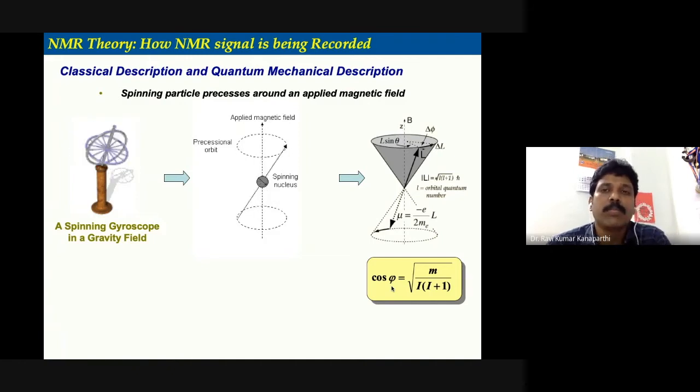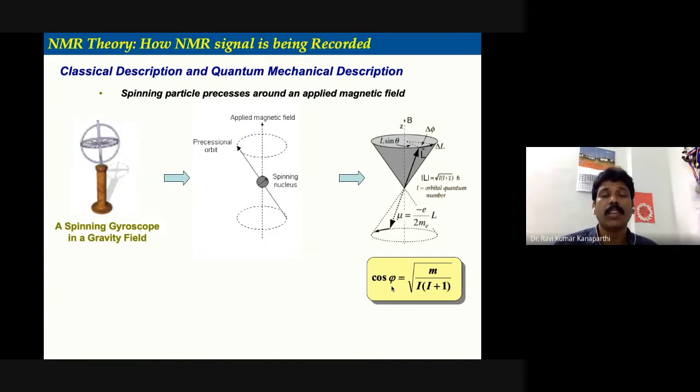There are two descriptions to understand how the NMR signal is being recorded by the instrument. Okay, so the classical description, in very simple words.